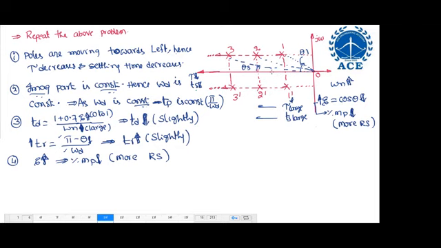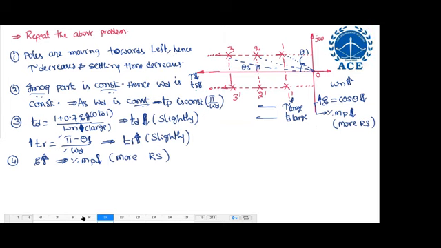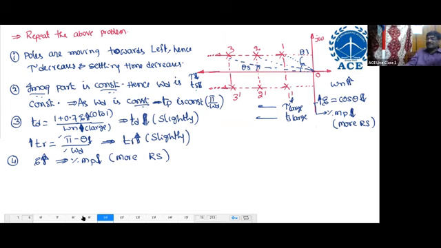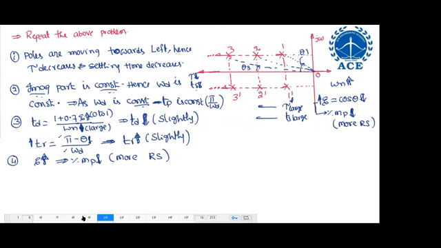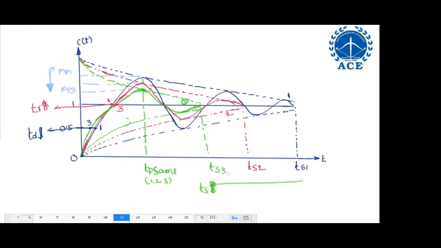Yes, sir, three envelopes. So what does that mean? Three time constants, three settling times. I told you: three envelopes, three time constants, three settling times. That's why we drew three different settling times. Got it? Yes, sir.